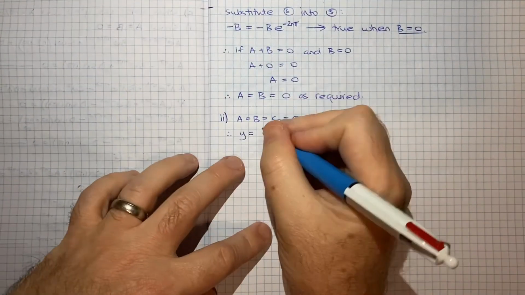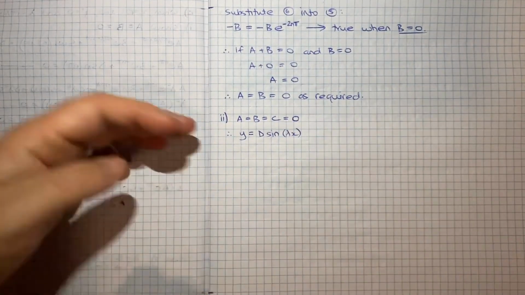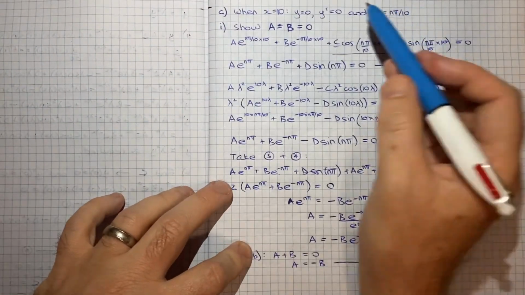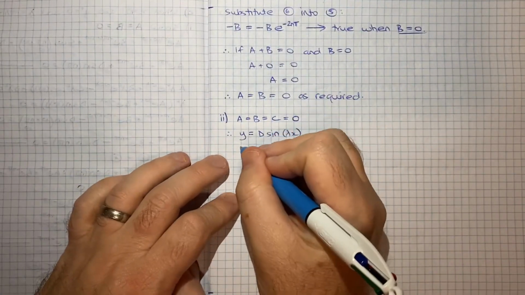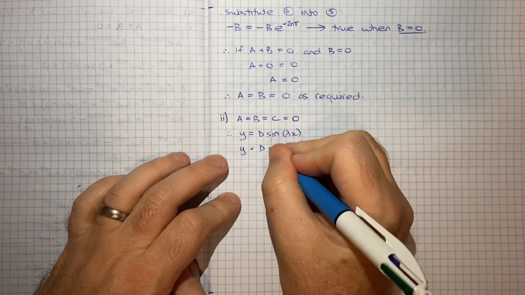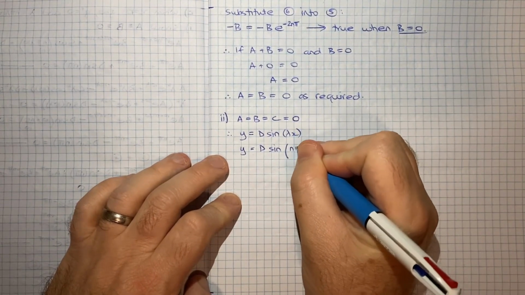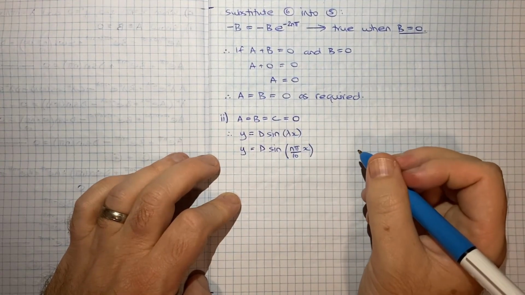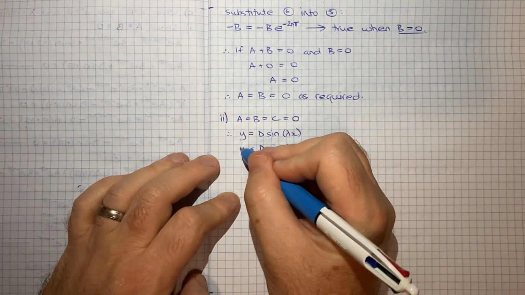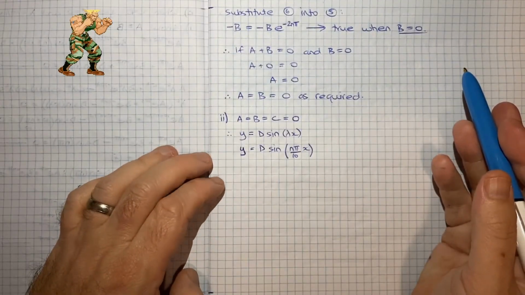So that's our y, is d sine lambda x, but under our initial value problem, we have lambda is n pi on 10. So we can say y is equal to d times sine n pi on 10 times x, and that's it. That's the equation under these initial values.